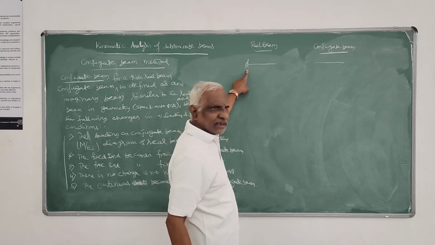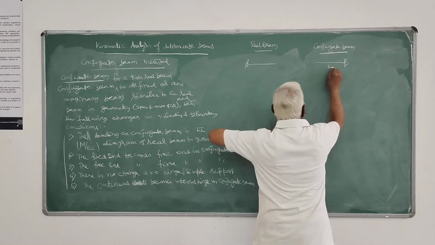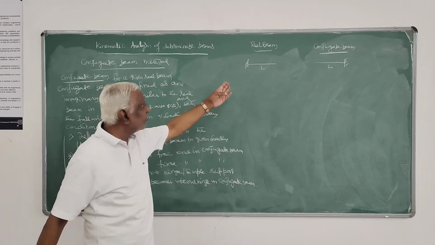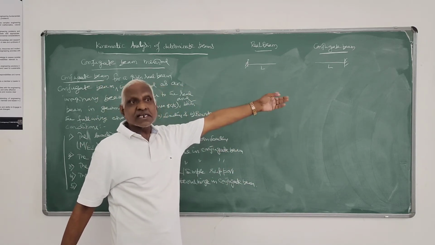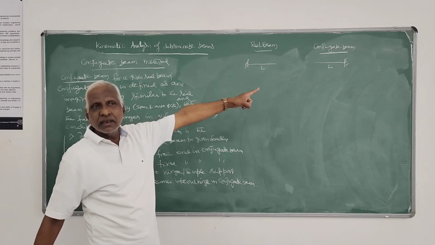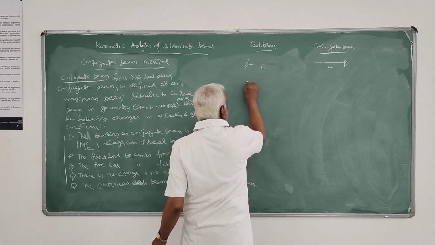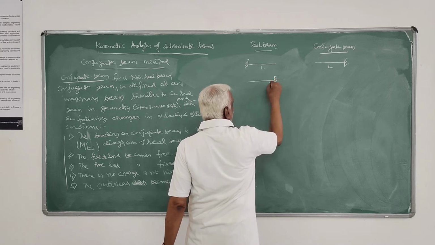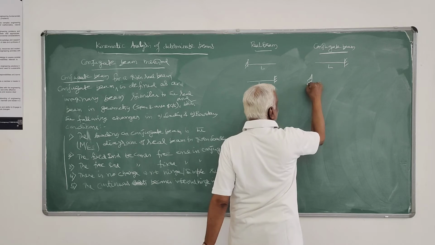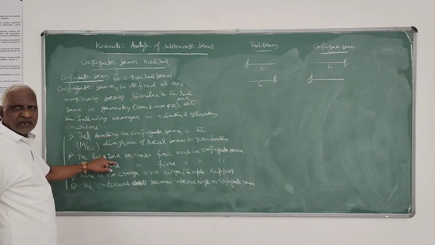But the fixed boundary condition will become free, and free will become fixed. So this is the conjugate beam of a cantilever like this. Similarly, suppose this is the given real beam, then it becomes the other way, like that.